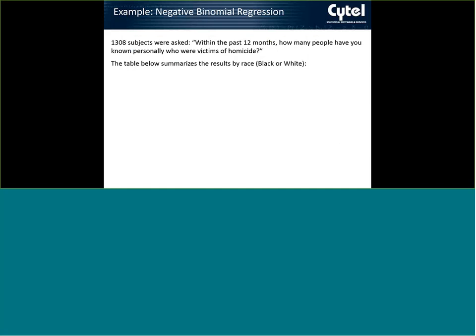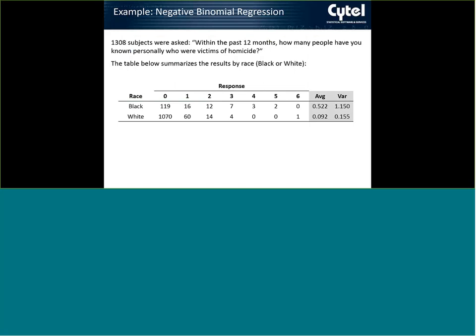As an example, these survey data come from 1,308 subjects. And these subjects were asked, within the last 12 months, how many people have you known personally who were victims of homicide? And the data here in this table are summarized by race. Notice there are about 150 who were classified as black, about somewhere around 1,100 or 1,200 who were classified as white.